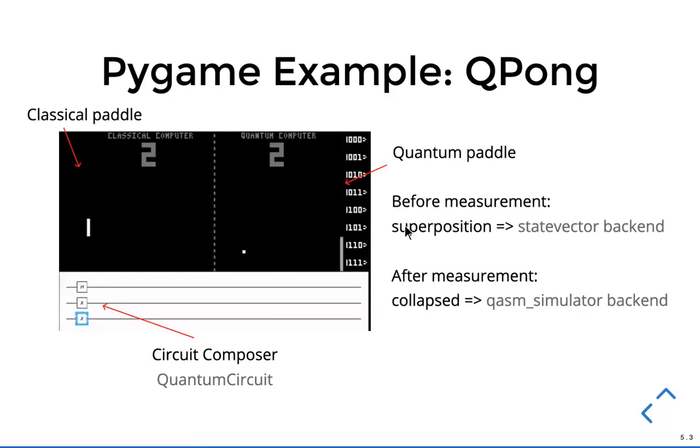Before the measurement, you allow superposition, so in Qiskit you can use a state vector backend to run this quantum circuit to get the measurement outcome probability here. But after the measurement, the state will collapse and only one state is allowed. So you use the Aer simulator, which simulates the actual hardware.